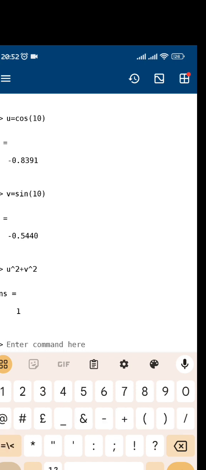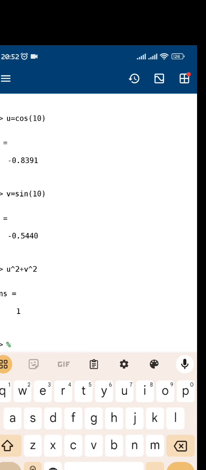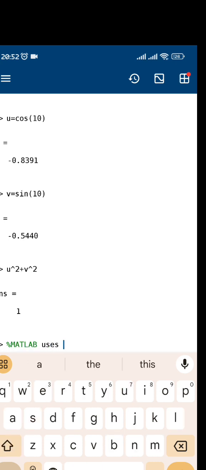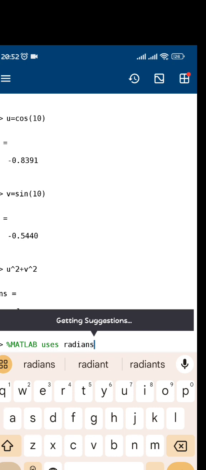And you have to remember one more thing while working in these environments, that MATLAB uses radians. It doesn't use degrees. The answer of trigonometric functions in MATLAB will always be in the form of radians.